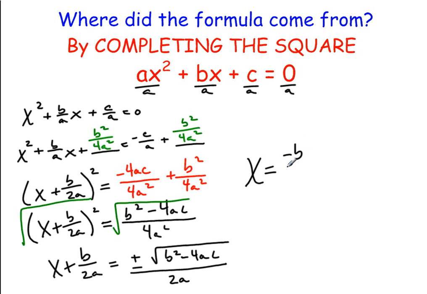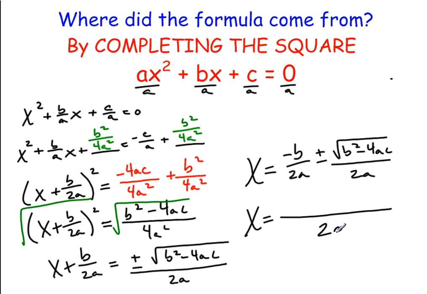I'm going to subtract b over 2a, plus or minus the square root of b squared minus 4ac all over 2a, but I already have a common denominator, so I'm just going to write it as one fraction. Opposite of b, plus or minus the square root of b squared minus 4ac.